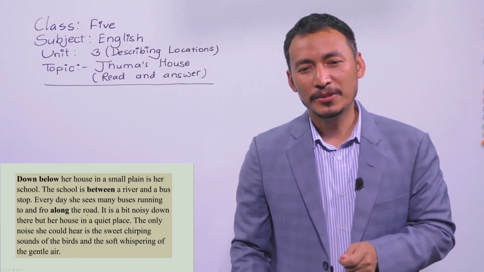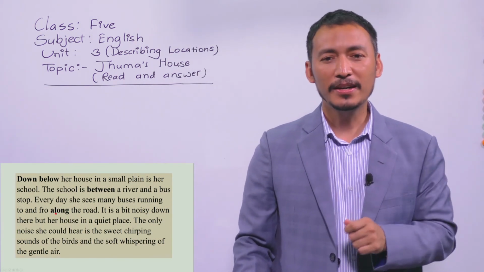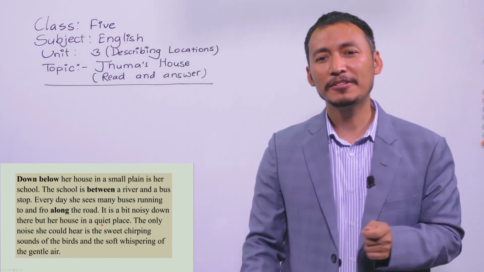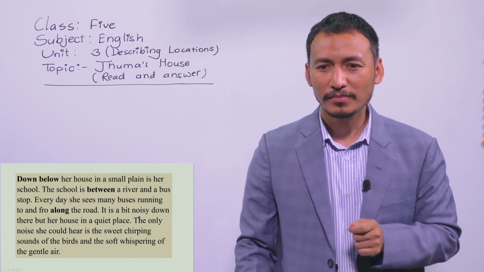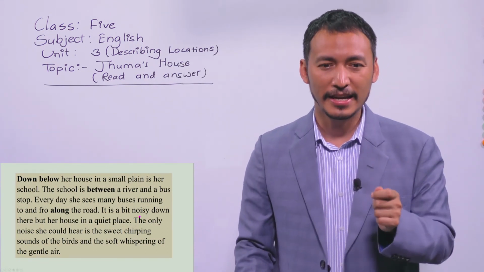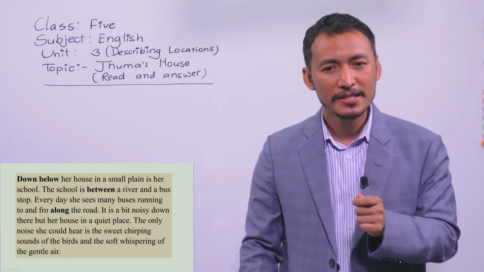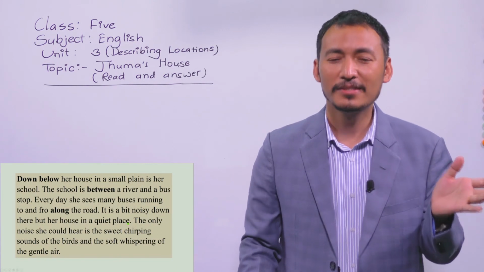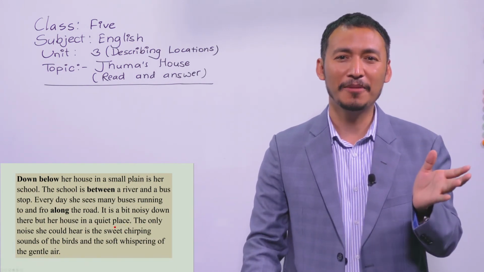Okay, along the road means on the way. It is a bit noisy down there, but her house is in a quiet place. It is noisy because of the buses running there. And her house is a quiet place. Quiet place means there is no disturbance from sound.